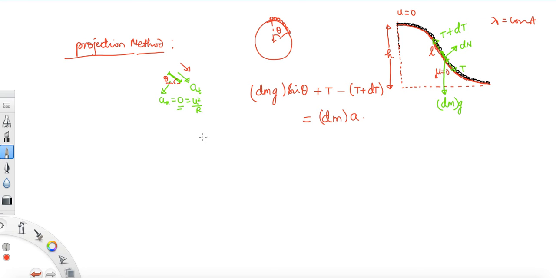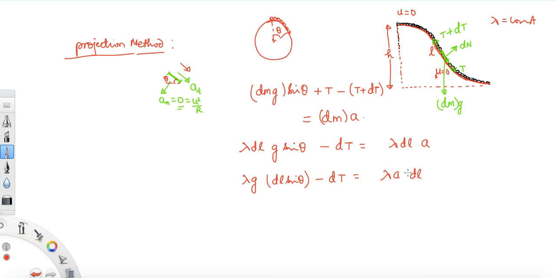Writing dm as lambda dl, we get lambda dl g sine theta minus dT equal to lambda dl times a, where a means tangential acceleration. Here lambda g is constant, so lambda g dl sine theta minus dT is equal to lambda a dl.